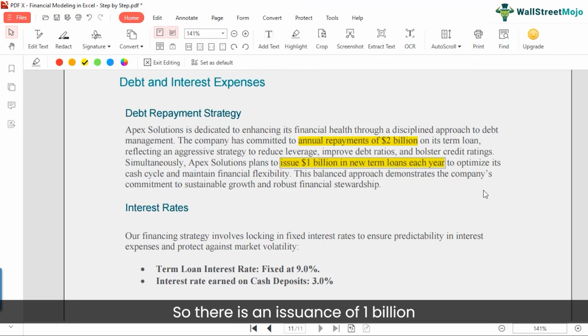So there is an issuance of 1 billion and then there is a repayment of 2 billion, right? So when it comes to thinking about the cash inflow and outflow, you're doing a repayment of 2 billion, means outflow of 2 billion, and 1 billion will be the inflow. So there's a net outflow of $1 billion and this has to get modeled within your debt schedule.